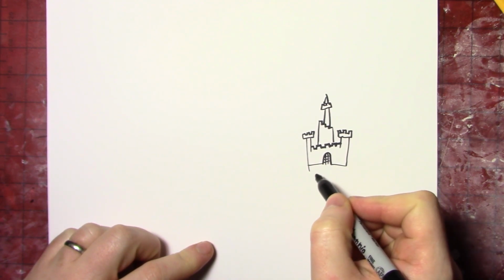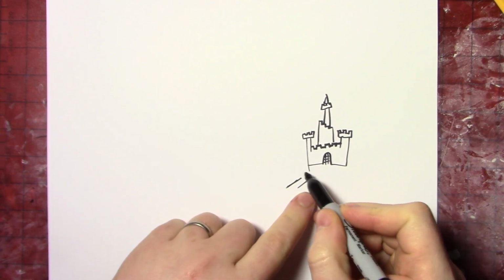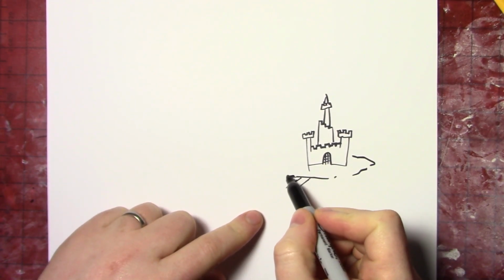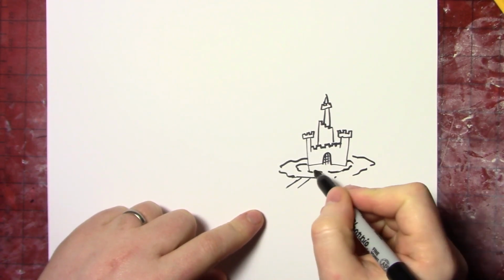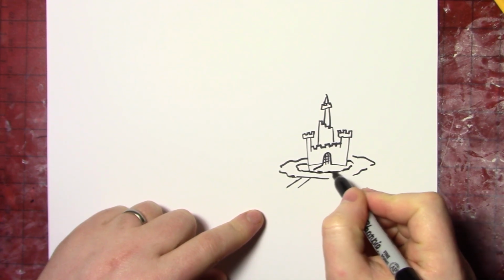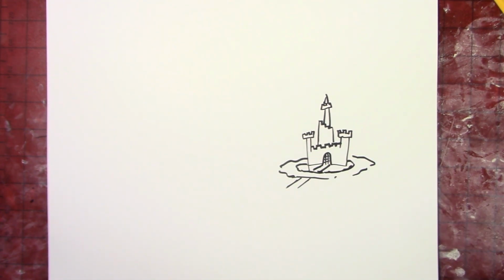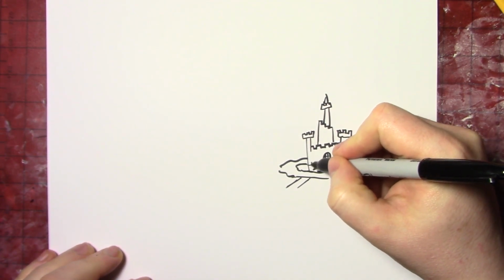Now, I'm going to actually skip a space and leave a space for a moat. I'm actually going to go ahead and draw that in there, a moat going around and an empty space there. And then maybe the bridge is up.